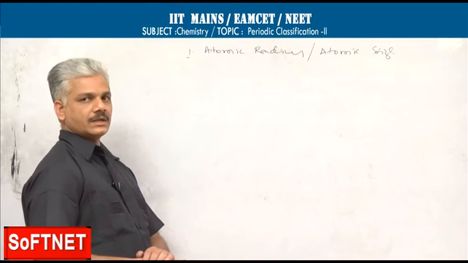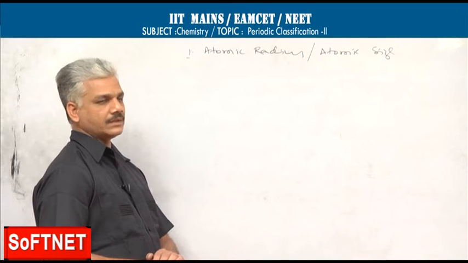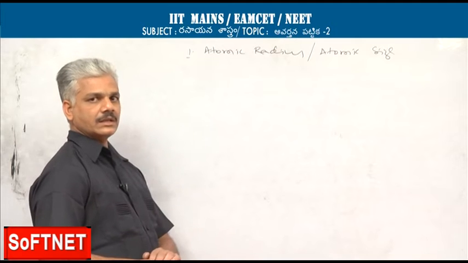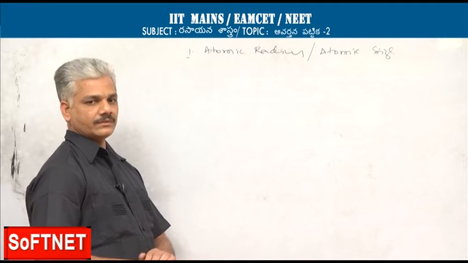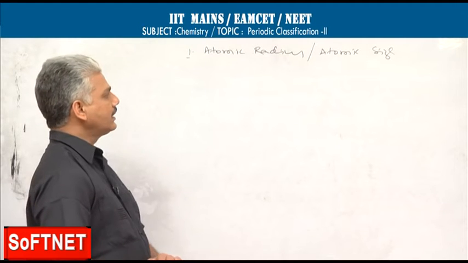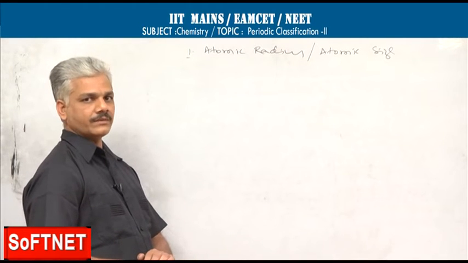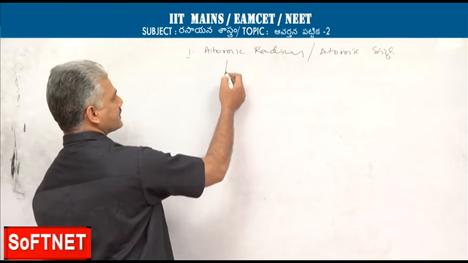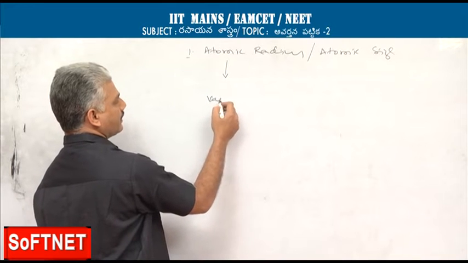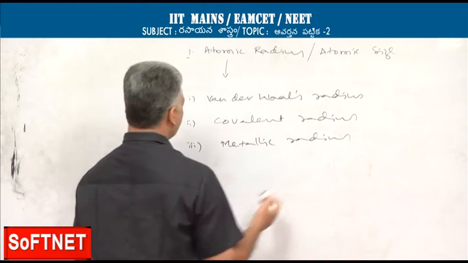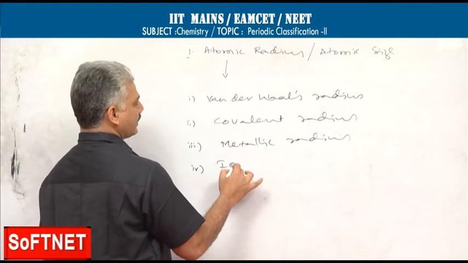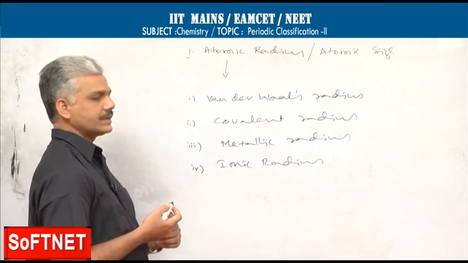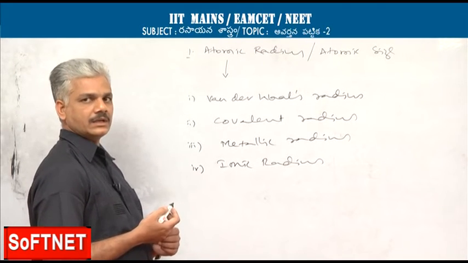However, as it is, atomic radius cannot be calculated for most of the elements, because except inert gases, all other elements are present in the form of molecules only, and the atoms are bound by various types of bonds. That is why instead of atomic radius, different terms like van der Waals radius, metallic radius and ionic radius are in use. Van der Waals radius is applicable for inert gas elements.